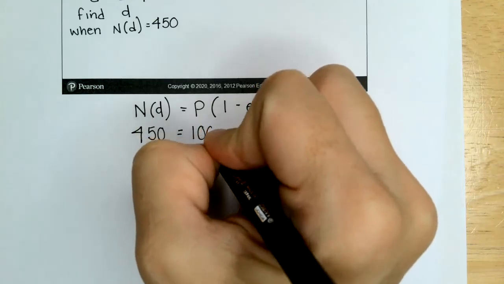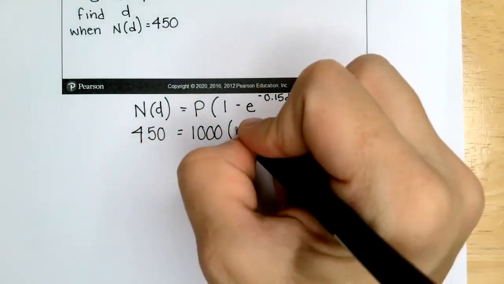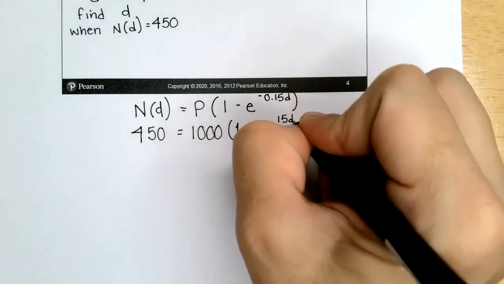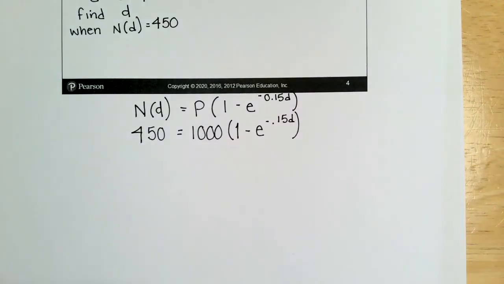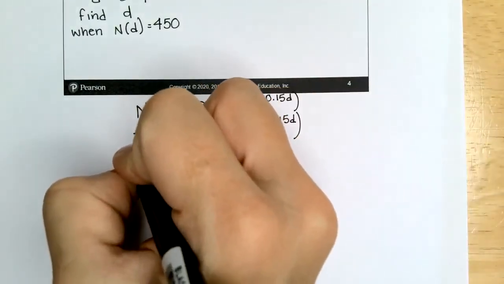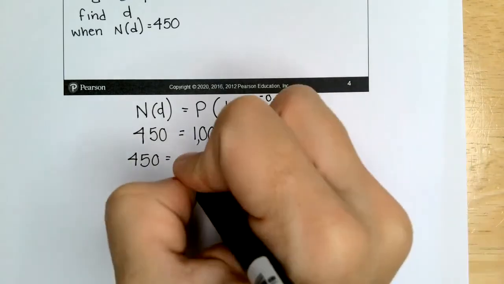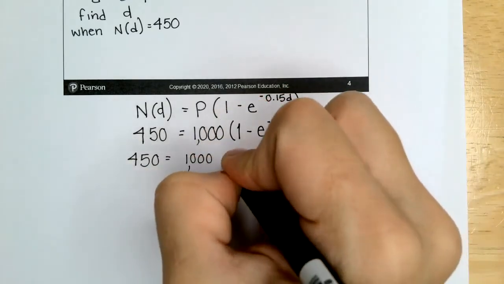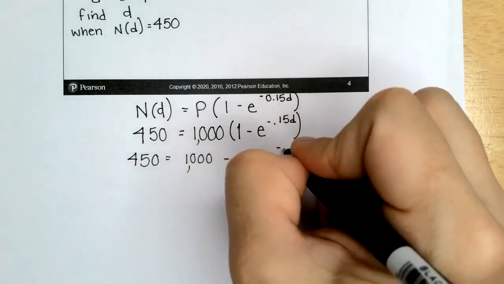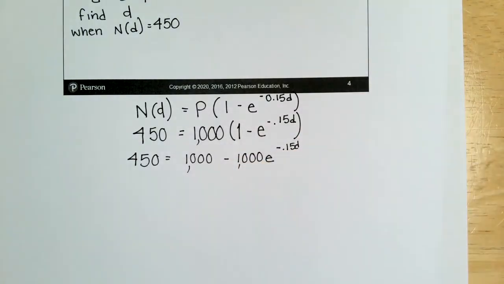We know P is 1,000, and we are solving for d. 1 minus e to the negative 0.15d. Good. I'm going to distribute, starting by distributing 1,000. So now 450 equals 1,000 minus 1,000 e to the power of negative 0.15d. I'm going to isolate e because e is the only thing that has the exponent. The 1,000 is not in the exponent.